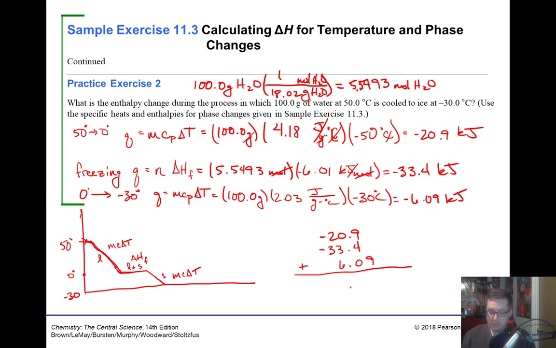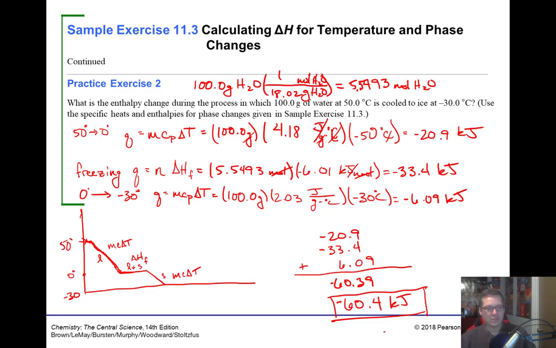And so I got negative 60.39, but we have to round to the tenths place because of these two values here. So it becomes negative 60.4 kilojoules. So the enthalpy change to go from 50 degree water to negative 30 degree ice would be 60.4 kilojoules. We'd lose 60.4 kilojoules.